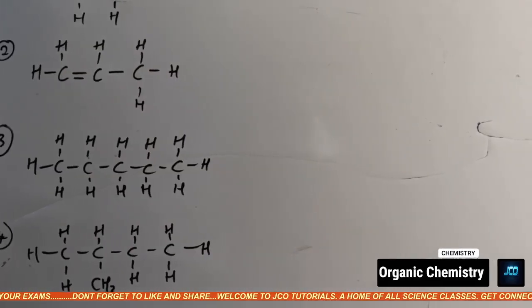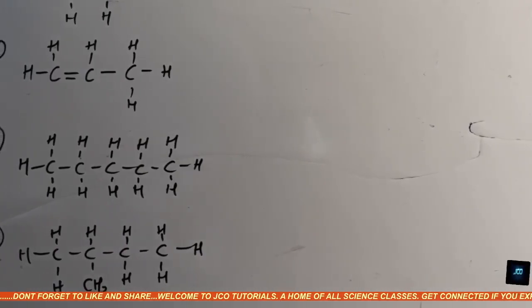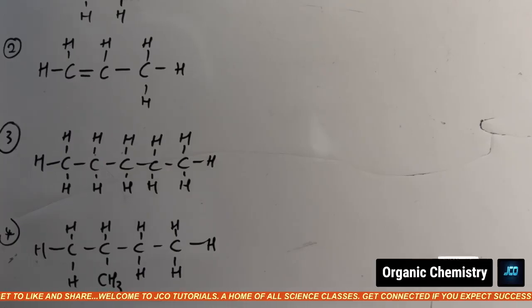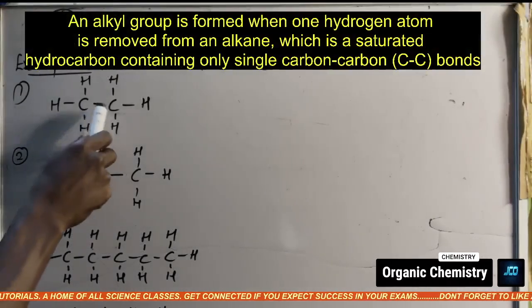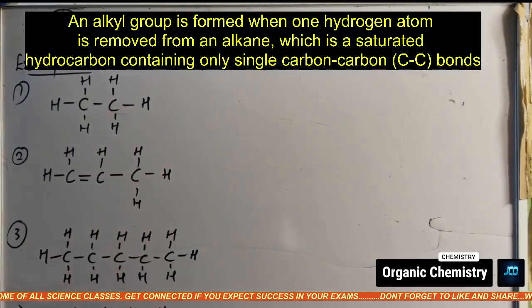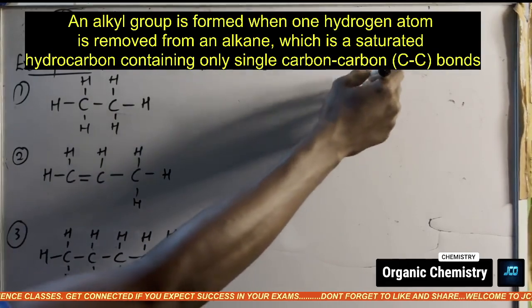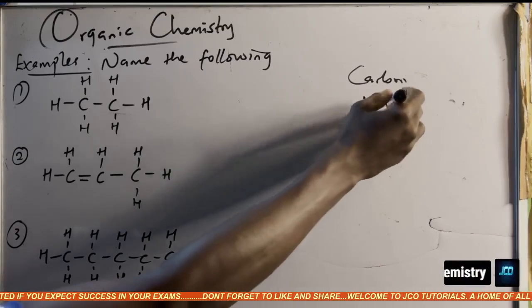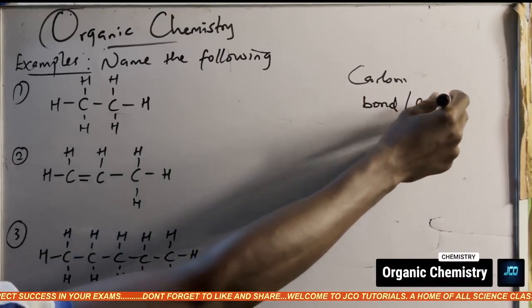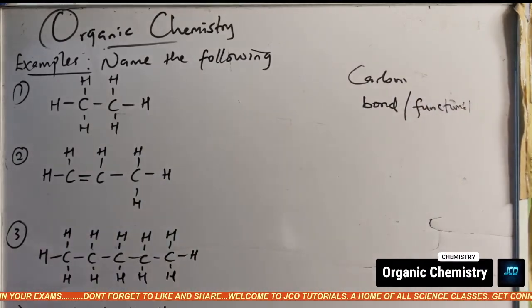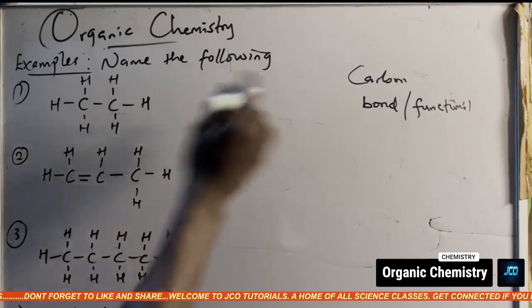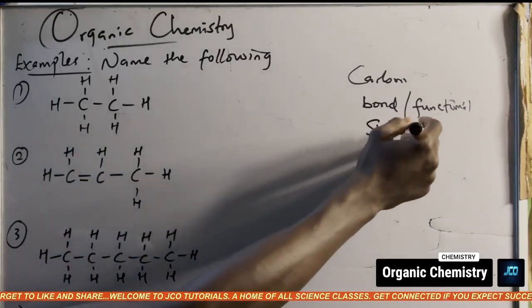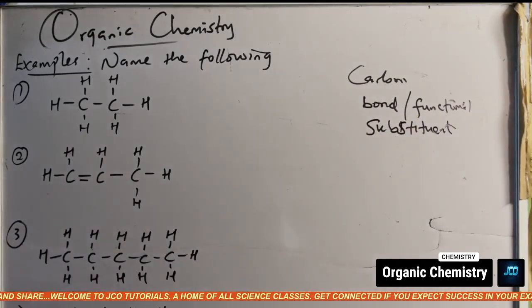Alright, so let's try several examples here. We have number one, the C there, then hydrogen. So the rule we said is what? We are going to check the carbon chain, then the bond or functional group, and then you also go on to check if there are substituents.